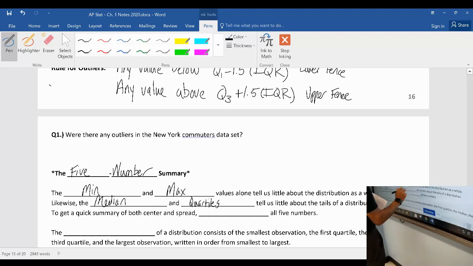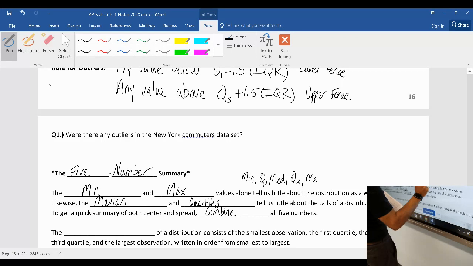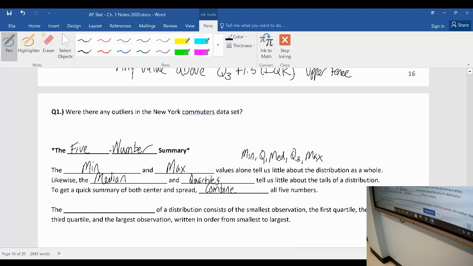So to get a quick summary of both the center and the spread, we combine all 5 numbers to get what we call our 5-number summary. So your 5-number summary is your min, your Q1, your median, your Q3, and your maximum. Okay, which is what we're going to see down below.